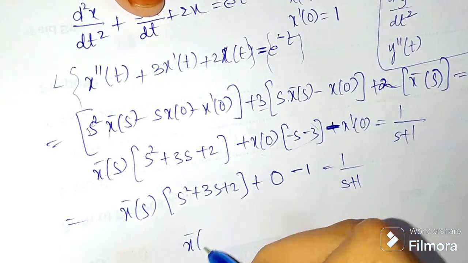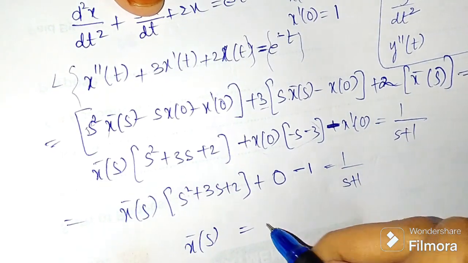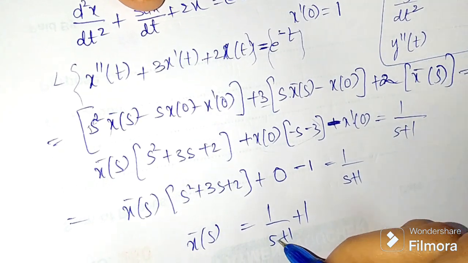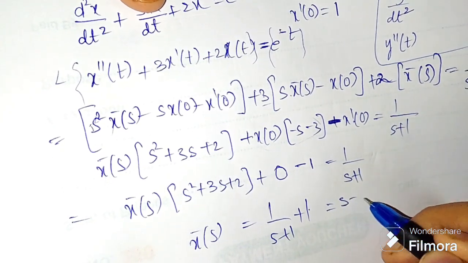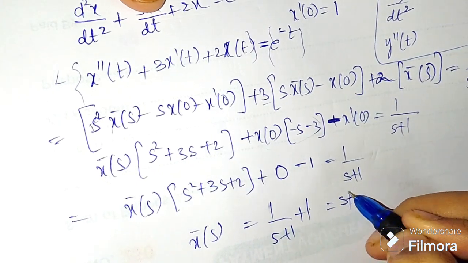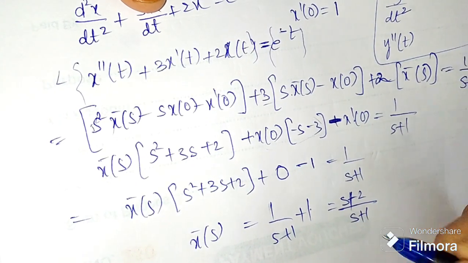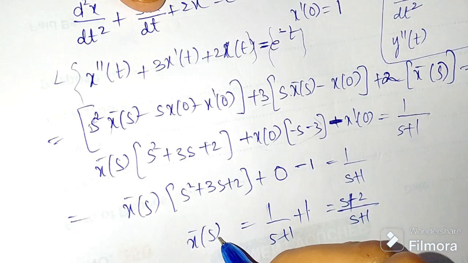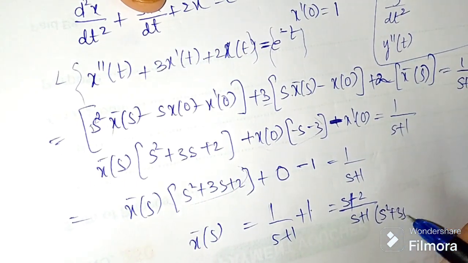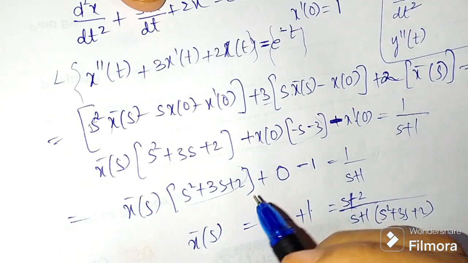So I'll get x bar of s into 1 by s plus 1 plus 1, which is s plus 1 plus s plus 1. So s plus 2 by s plus 1. And this will go to this side. So directly I'm writing; don't write like that.